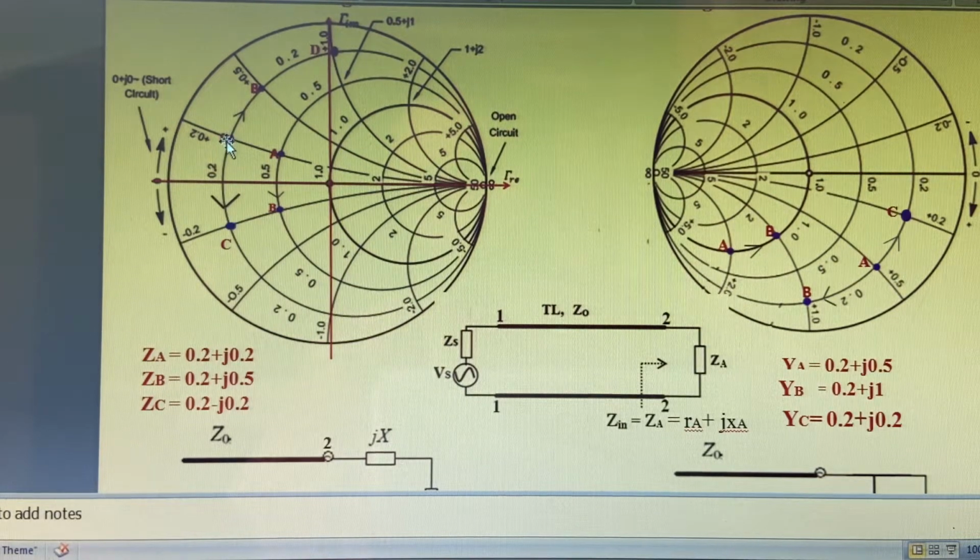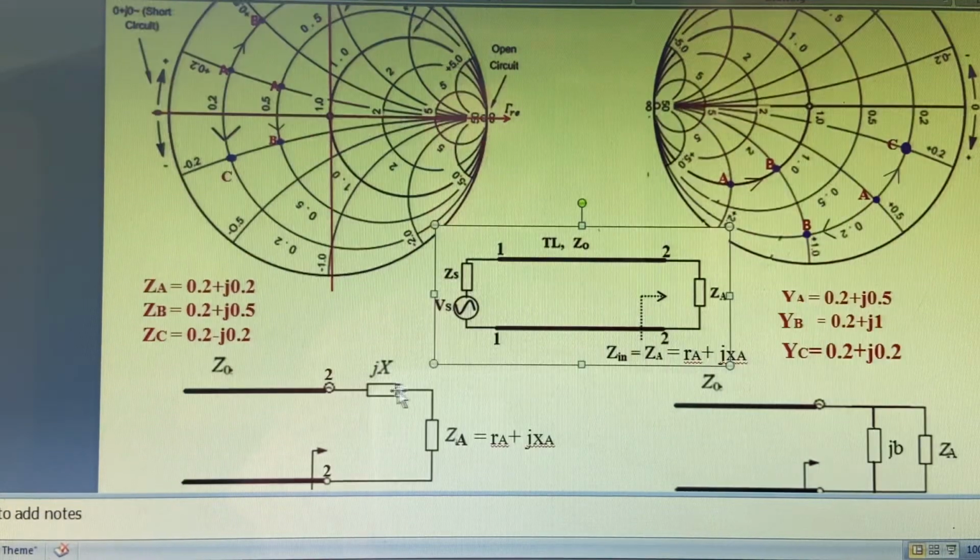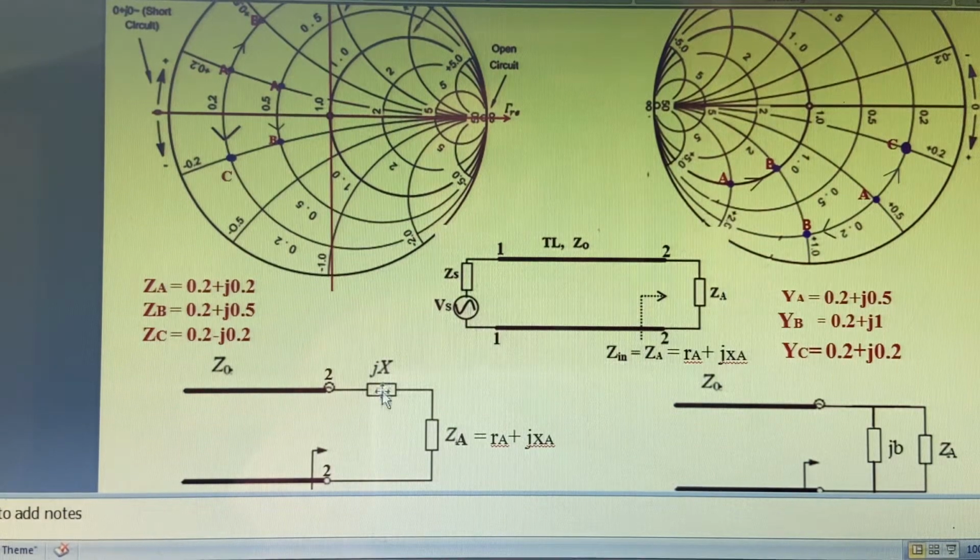So from A you move like this to reach C in the anti-clockwise direction on the resistance circle. This is a resistance circle, we move like this. So the resistance value remains the same, that is 0.2, but the reactance changes to minus 0.2. It is nothing but adding a capacitor in series with the impedance ZA, a series reactance.